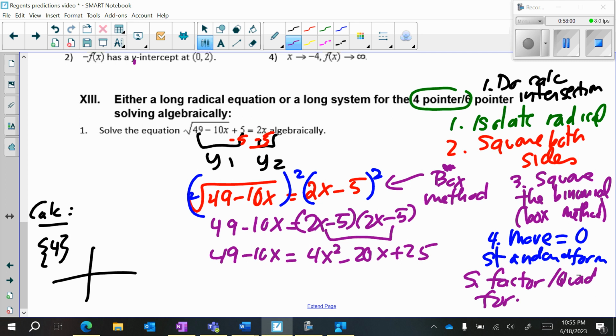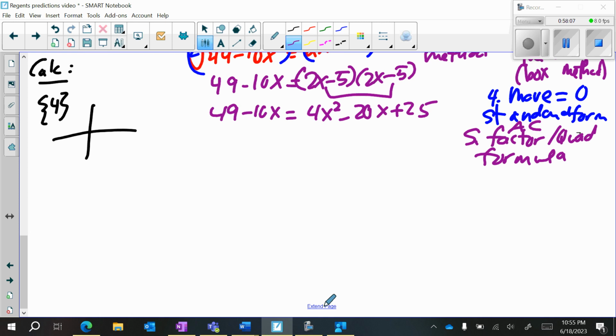You know that if it's a long one, they're probably going to make you do A times C factoring where you make it into 4 terms. All right, so now the next thing we're going to do is subtract 49 to the other side. We're going to add 10x, and then we're going to try to factor this out.